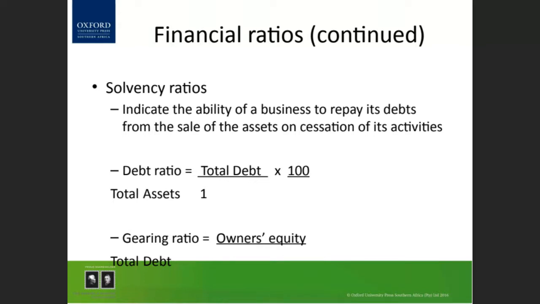You do not leave it as a fraction. It's only the debt ratio that is converted to a percentage. So I'm not sure what you are saying has changed, because it's still expressed as a ratio. The gearing ratio is always expressed as a ratio, but the debt ratio is the one that we convert to a percentage.